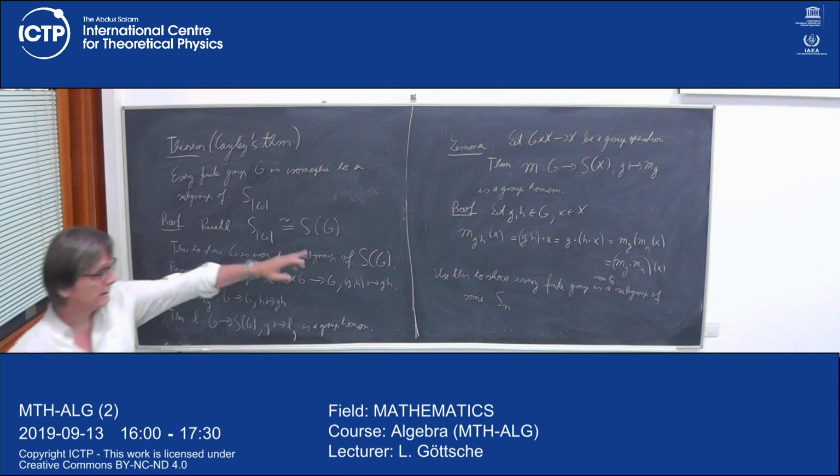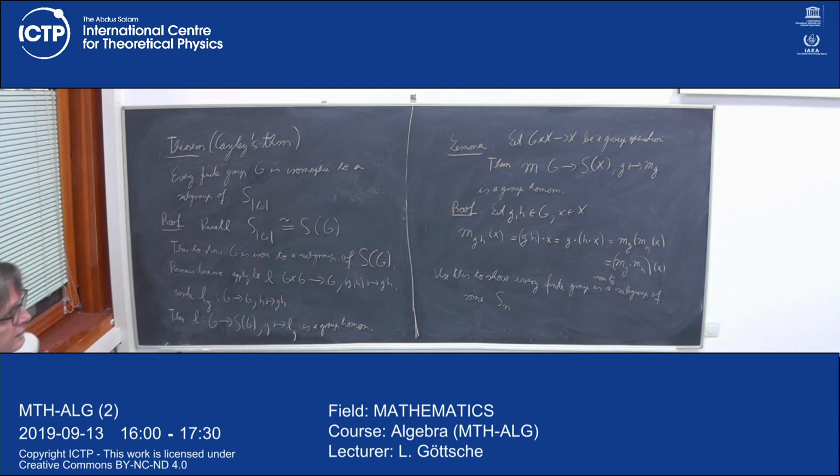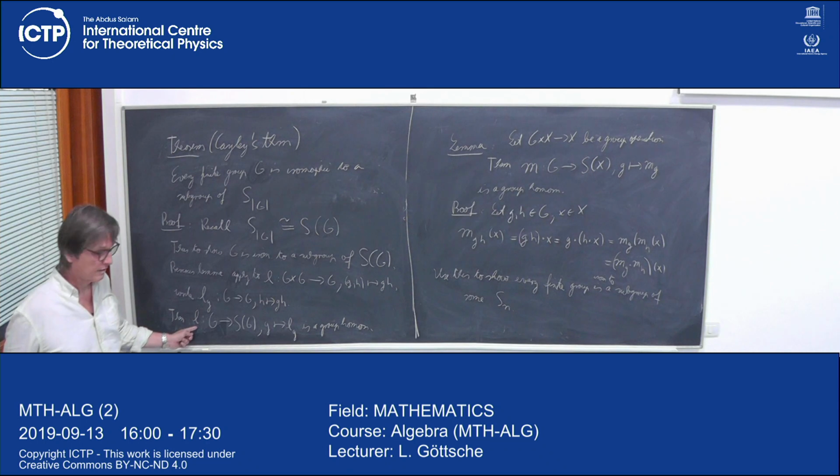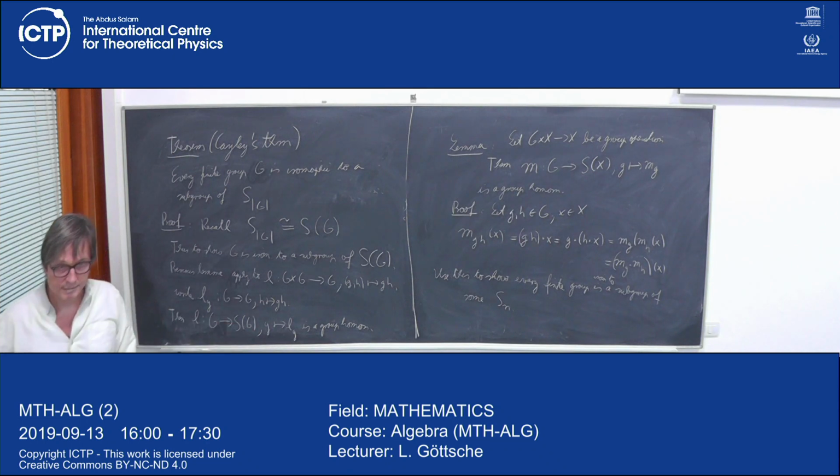This is what this lemma says. The multiplication, which in this case is this left translation by g, is a group homomorphism. And so we only have to show that this map L is injective, then G is isomorphic to its image.